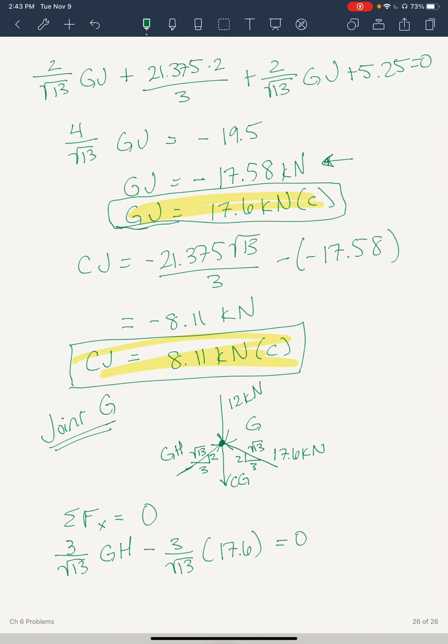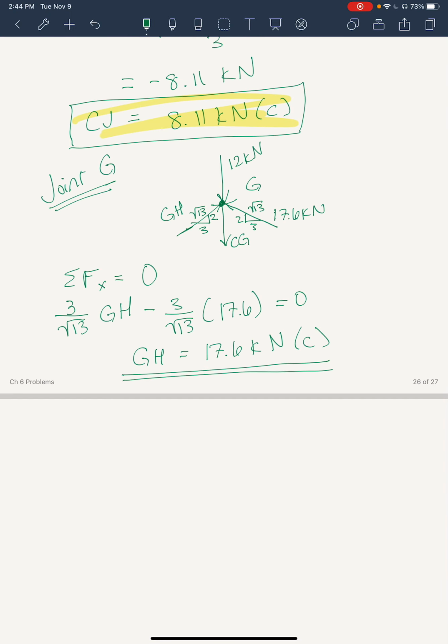So basically all that cancels out, so GH also equals 17.6 kilonewtons, and that is in compression. That's not actually one they asked for, so that's why I didn't box it.